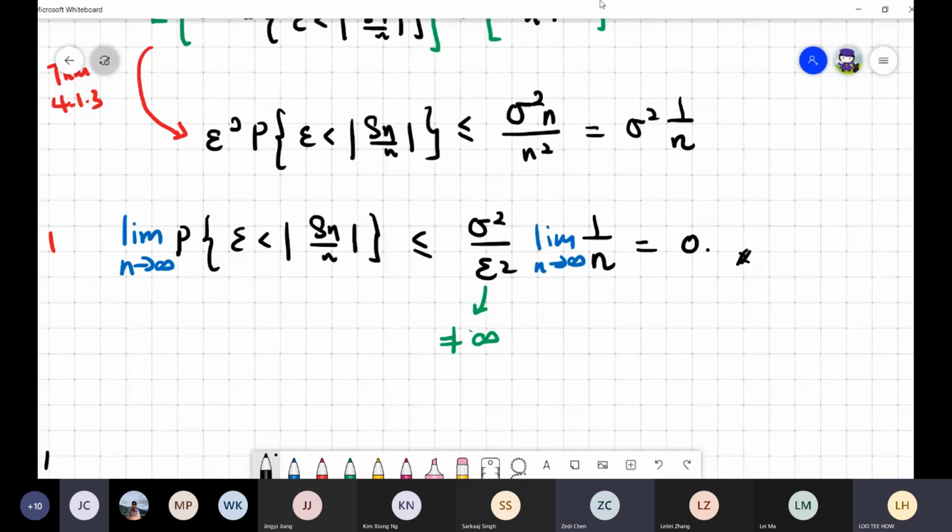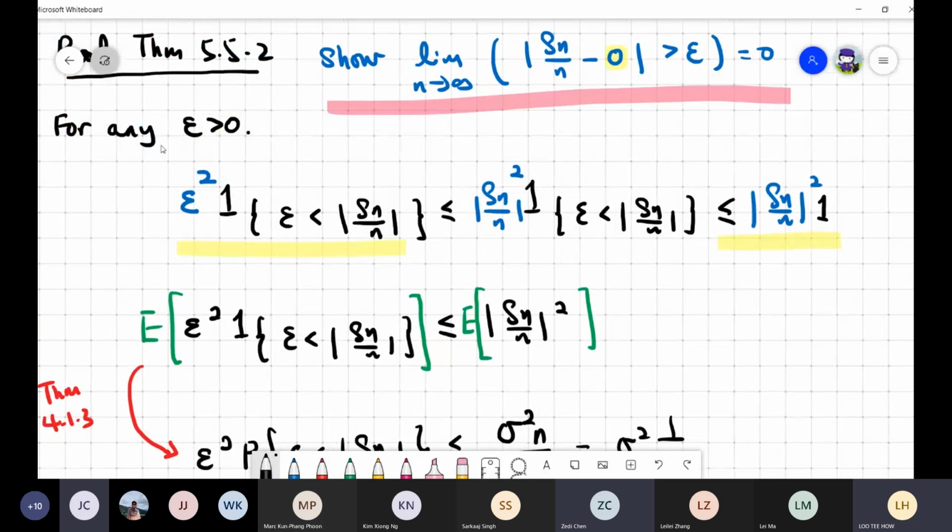Dr. Lu, can you remind us again why epsilon squared is less than or equal to Sn over n squared, the first step? You mean this line?